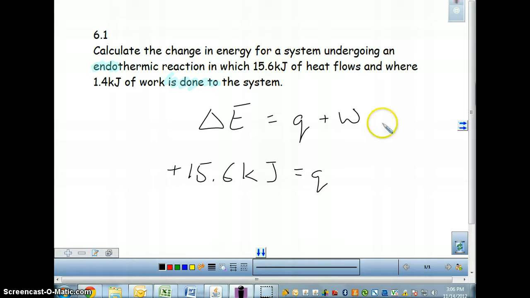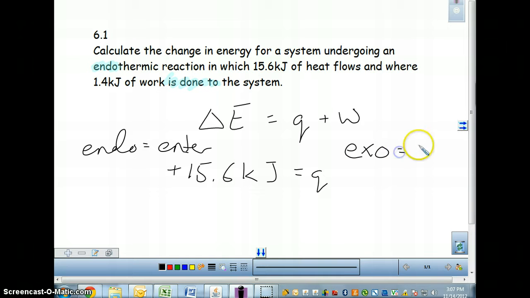It is positive because endothermic means that heat is entering. Endo equals enter. Heat is entering our system. If heat is entering the system, then we're gaining energy. If it were exothermic, heat would be exiting, and we'd have a negative number.